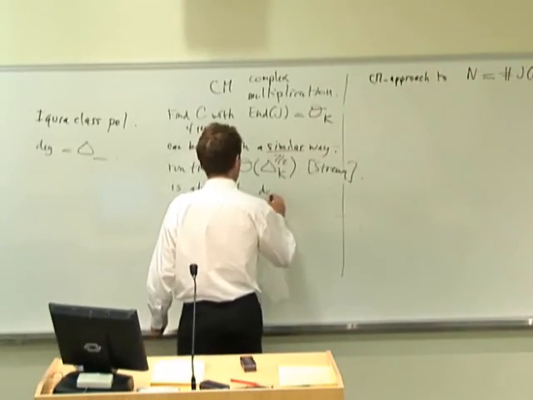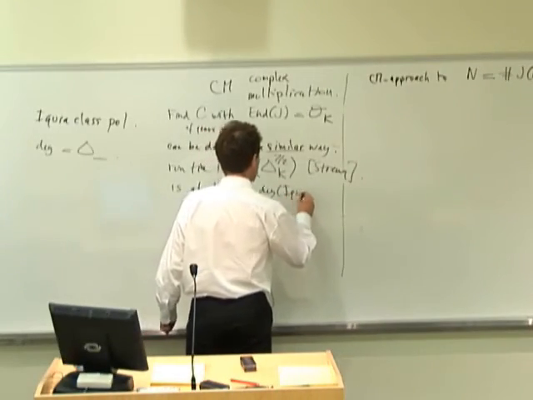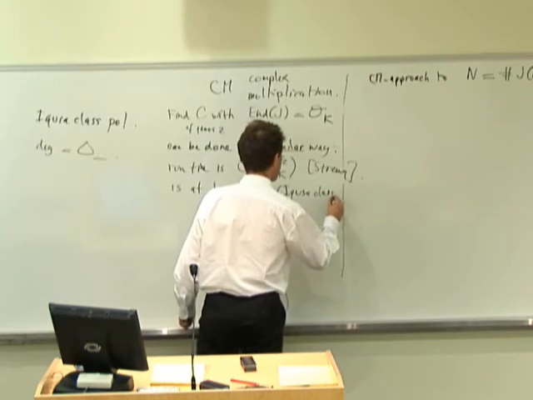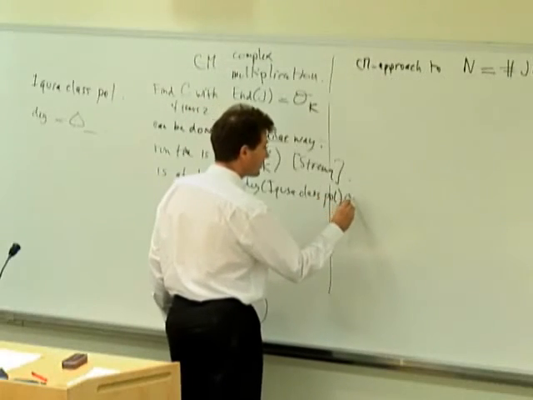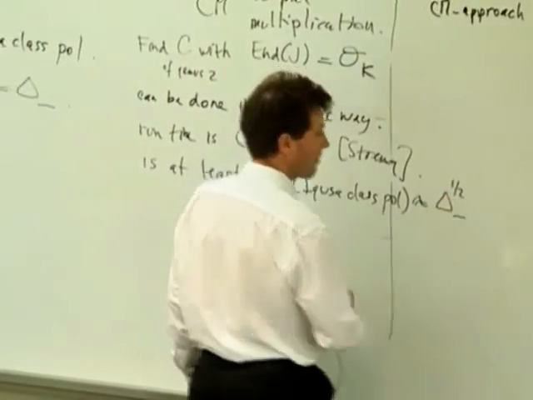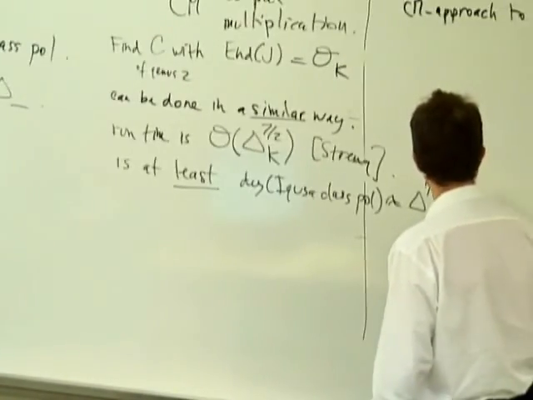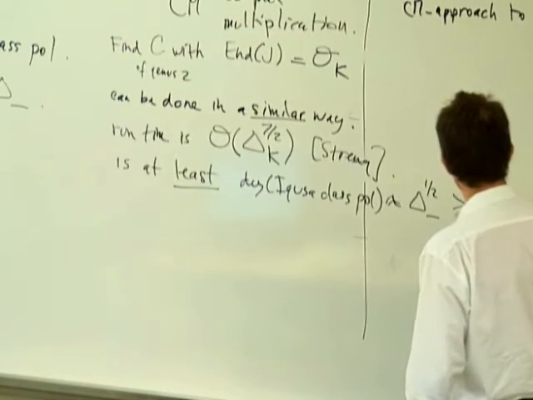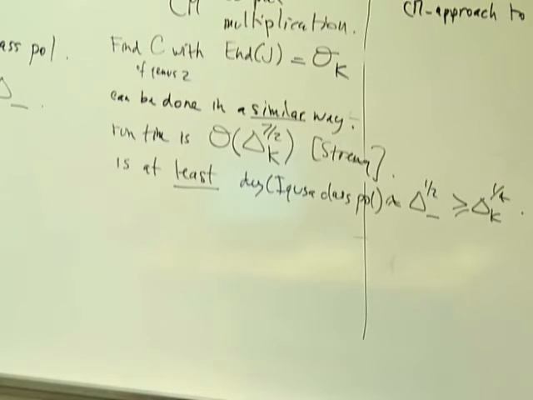So it's at least the degree of the Igusa class polynomial, which is, roughly speaking, delta minus to the 1/2, and that's at least delta K to the 1/4. So the runtime is bounded by delta K to the 7/2, and there's also a lower bound, which is at least the 4th root of delta K.